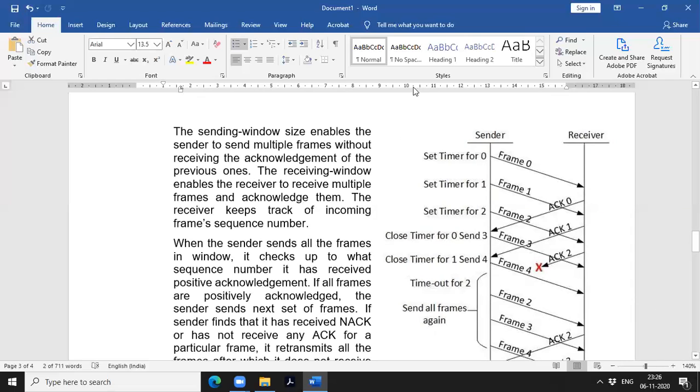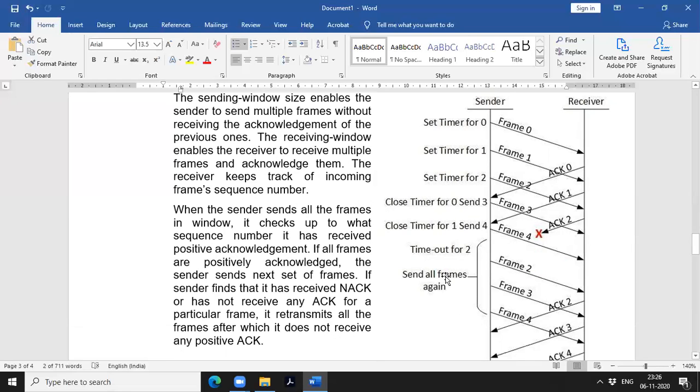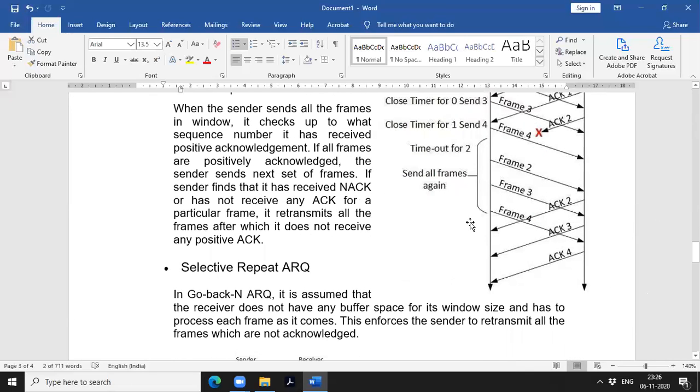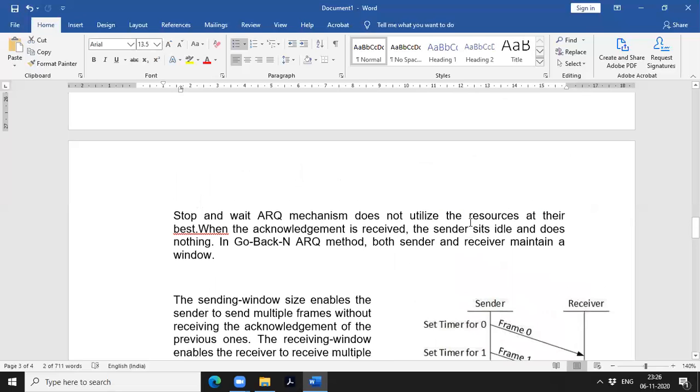So here, if you see, 2, 3, 4 is received at the receiver side, but again we get retransmission of frames because we don't receive an acknowledgement for 2, 3 and 4. So the sender will retransmit those frames again and again. So that is the main drawback of Go-Back-N ARQ.